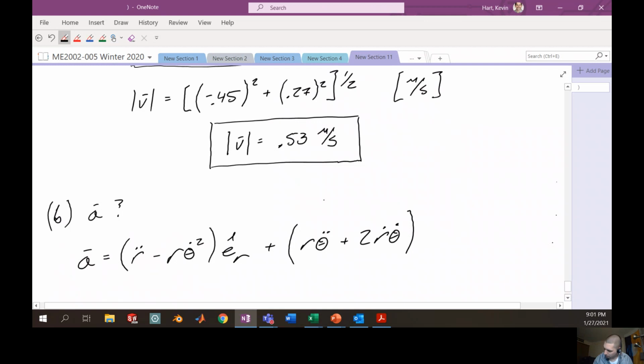Remember, this is your angular acceleration term, and this is your Coriolis term, that weird mathy term. All this in e hat theta.